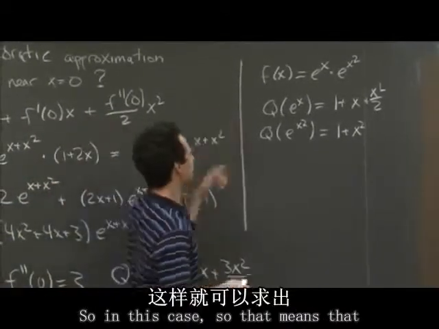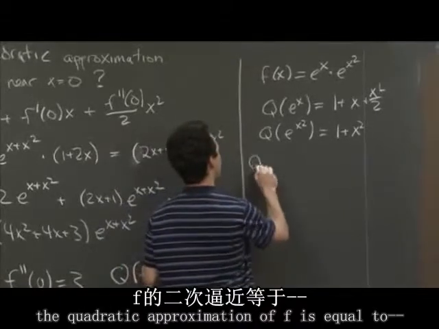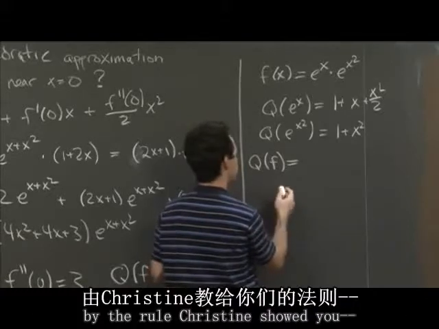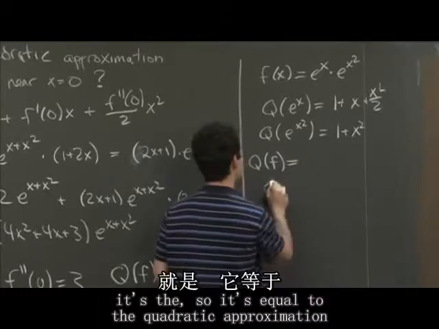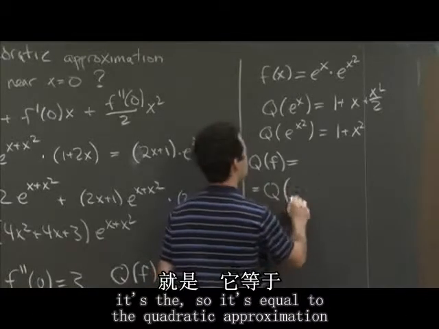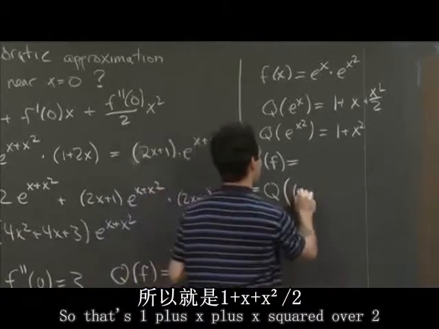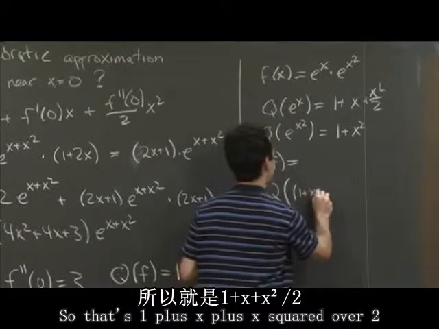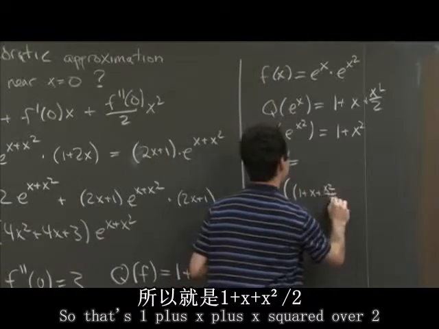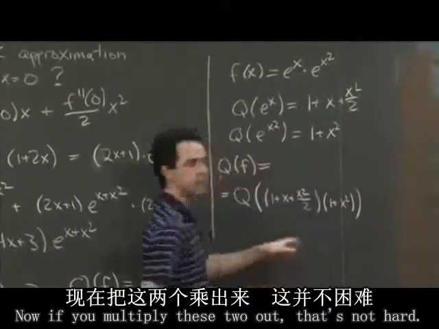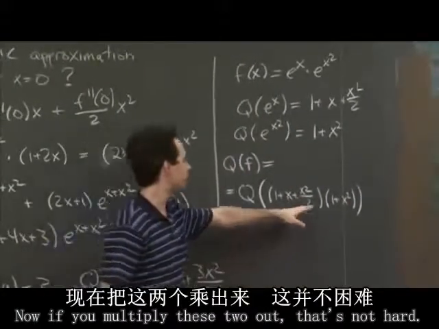So that means that the quadratic approximation of f is, by the rule Christine showed you, equal to the quadratic approximation of the product of the quadratic approximations. So that's 1 plus x plus x squared over 2 times 1 plus x squared. Now, if you multiply these two out, that's not hard. There are 6 terms.